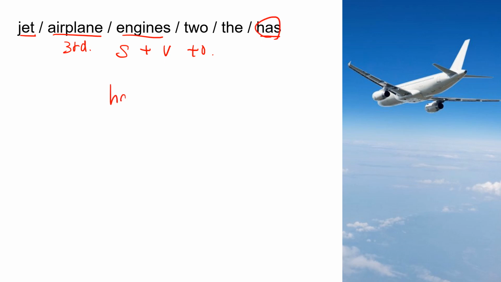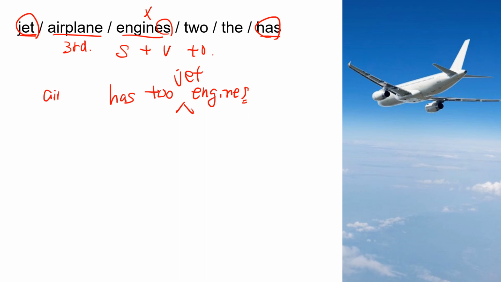Engines is plural, so it cannot be the subject. So engines is the object. And then it's plural, so let's say 2 engines. Has 2 engines. And then what? Oh, sorry, we have jet here. So we can put jet engines. The airplane has 2 jet engines.